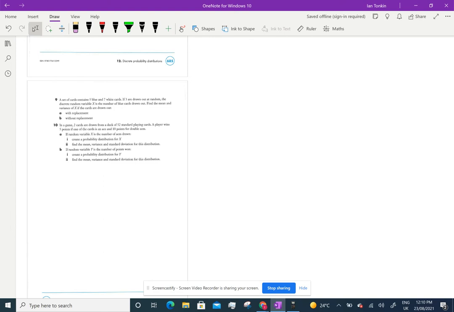So I need to find out the probability, and I'm drawing 2 cards, of getting an ace. So here we go. So X, P of X. I can get no aces, I can get one ace, I can get two aces.